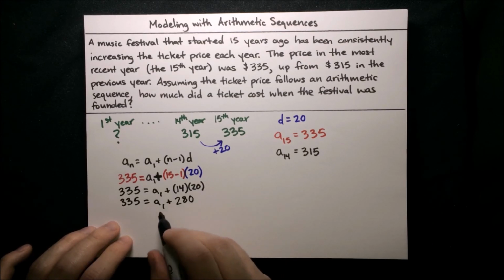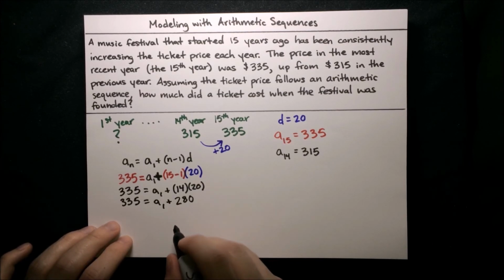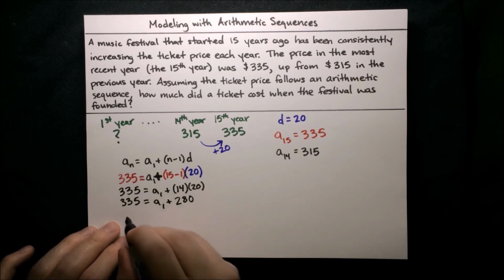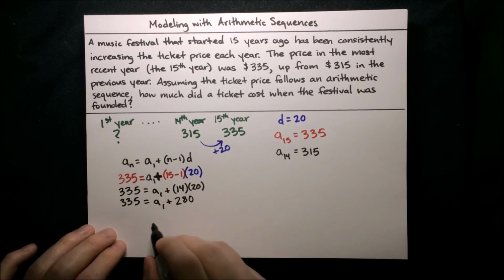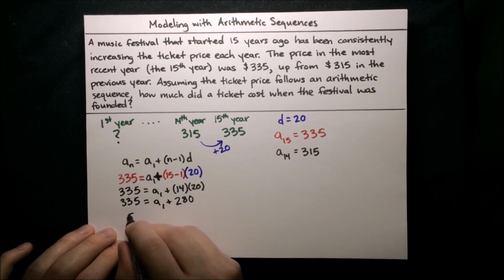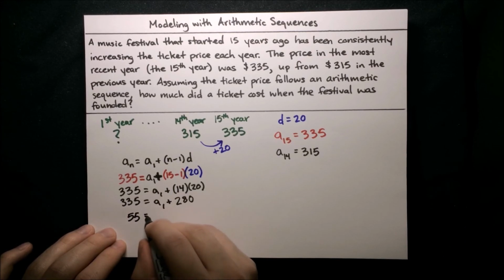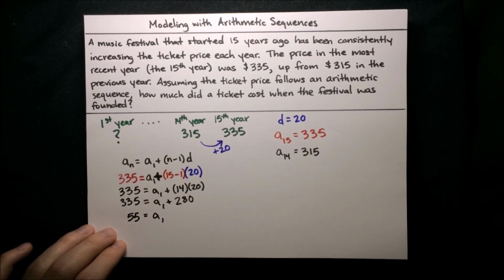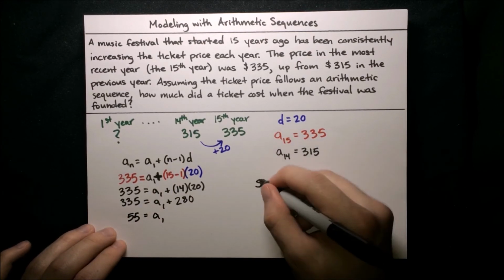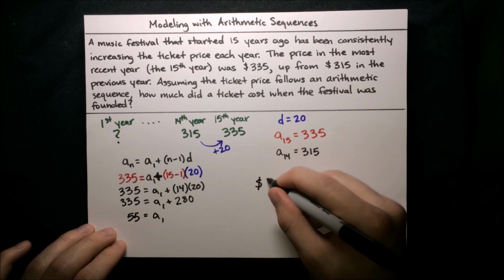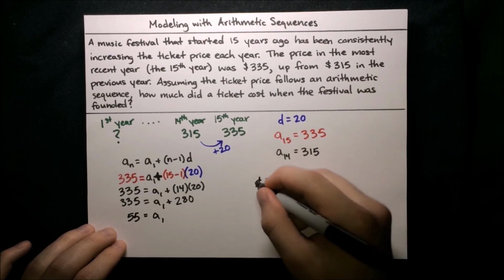And now we can just get a1 by subtracting 280 from both sides, and we get that 335 minus 280, that is just 55. So 55 equals a1. So there we go. The ticket price when the festival was founded was just $55.